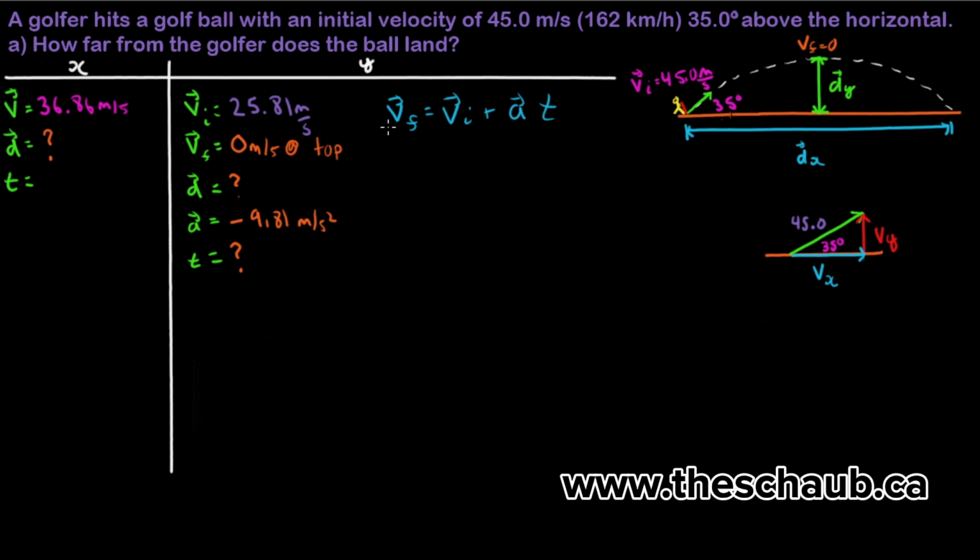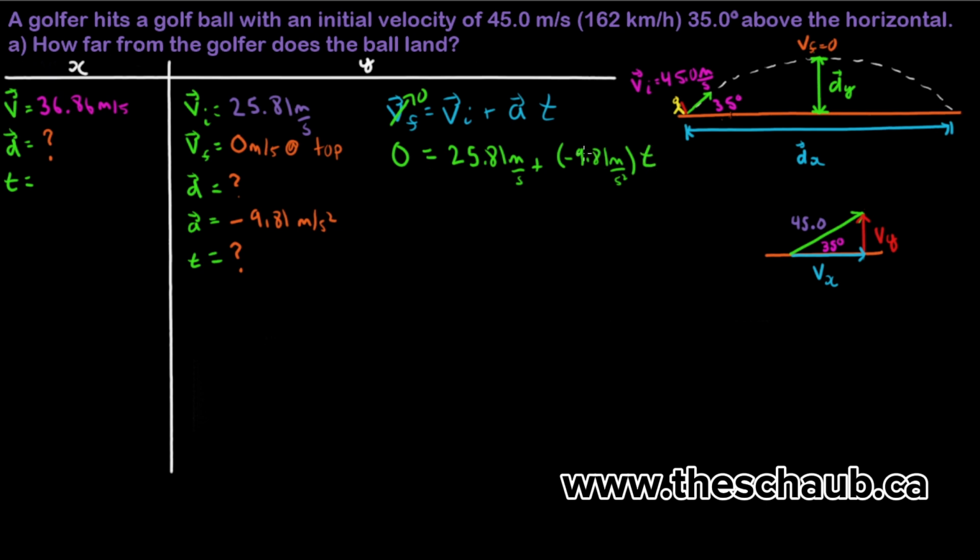We add in our values. Our VF is equal to 0 meters per second at the top, so 0 here is equal to our VI of 25.81 meters per second plus our acceleration of negative 9.81 meters per second squared multiplied by our time.